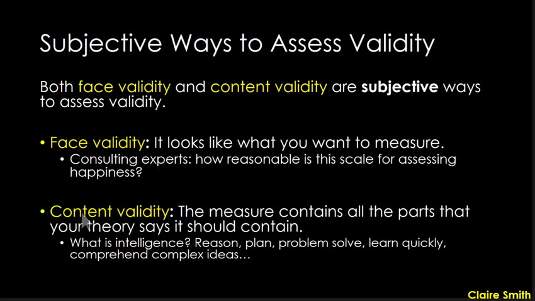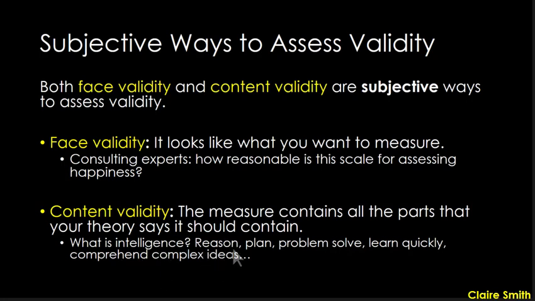The other way we can subjectively assess validity is looking at content validity. And that's making sure that the measure contains all parts of the theory that you say it should contain. Okay, so let's see, if we're trying to test intelligence, we come up with a list of, what is intelligence?